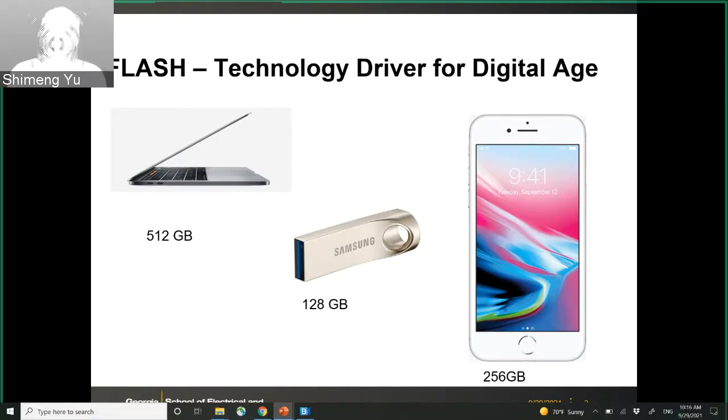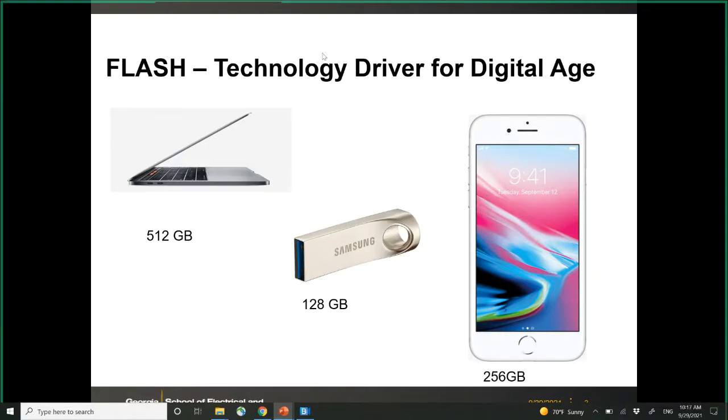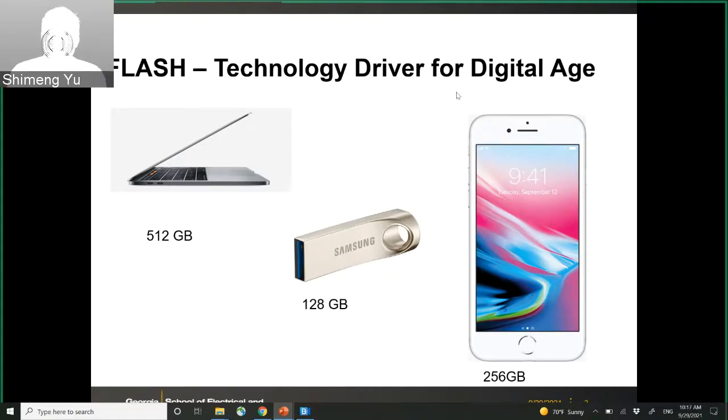One is the display. The other one is your storage, the SSD or the eNVM. So these are the enabling technologies for digital data storage, and you have those products used in your daily life. I will skip the discussion, and you know what they are.